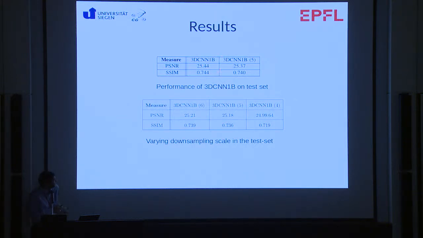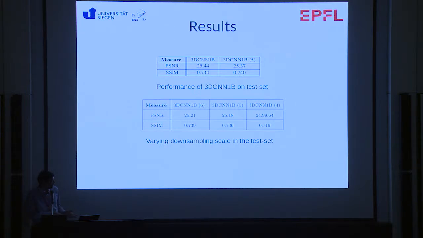We have tried different parameters, like different numbers of convolutional units and different numbers of residual units. So we pick the optimal value. Another aspect is that we change the downsampling factor.